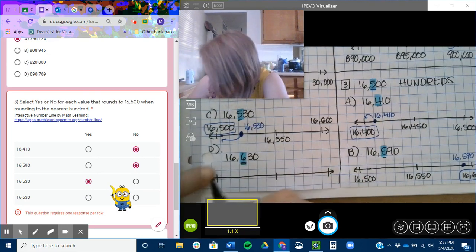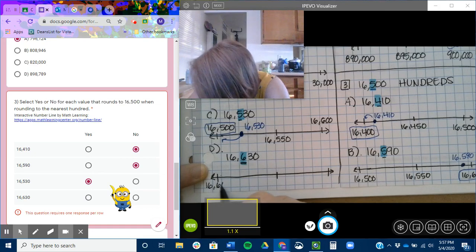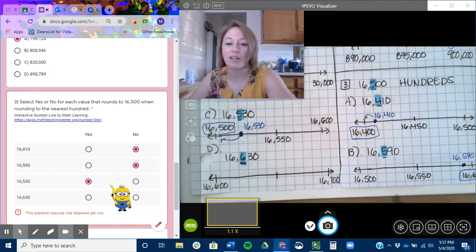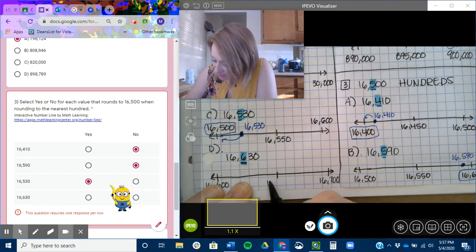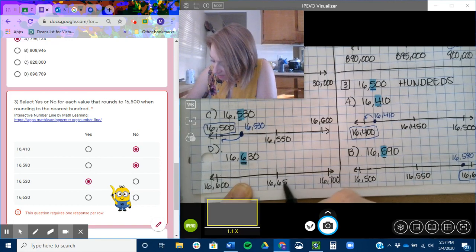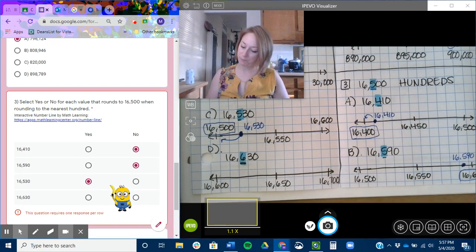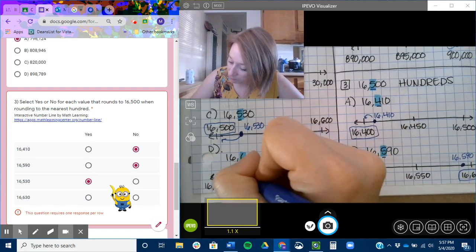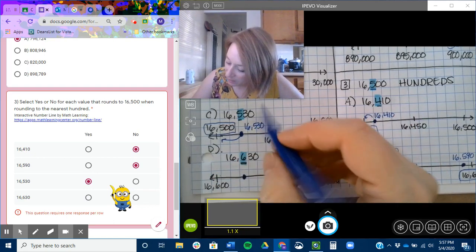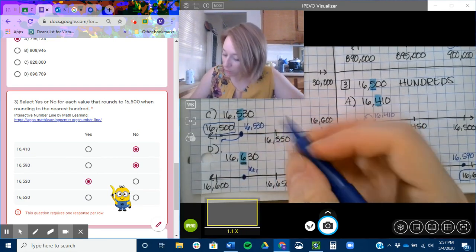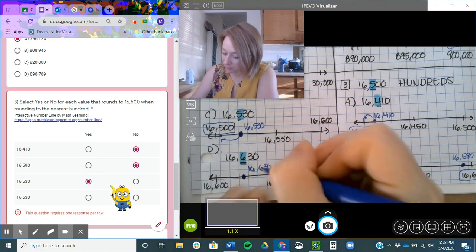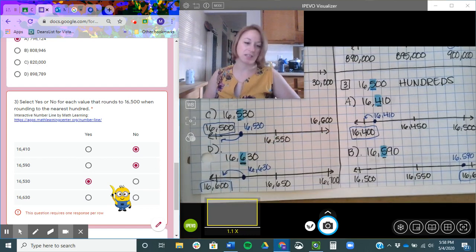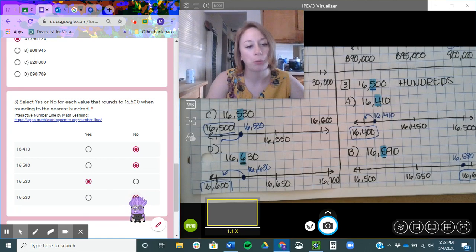So our number line would show 16,600 in the beginning, 16,700 at the end, and then 16,650. 16,630 is before, actually about maybe in the middle, 16,650, which means this one would also not be rounded to 16,500. So this one would be a no.